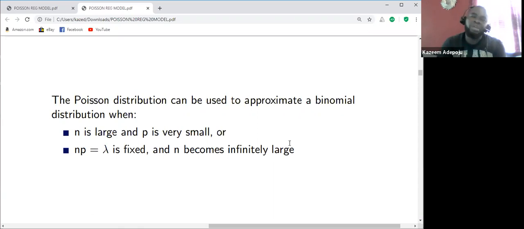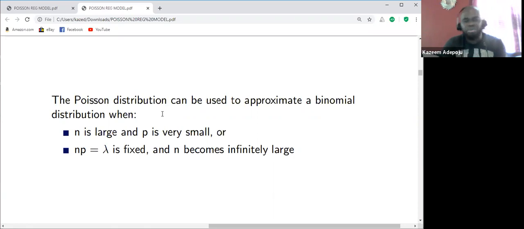If I am able to derive a Poisson distribution, that is going to be the distribution for my Poisson regression model. What I am trying to show you is that the Poisson distribution can be used to approximate a binomial distribution.